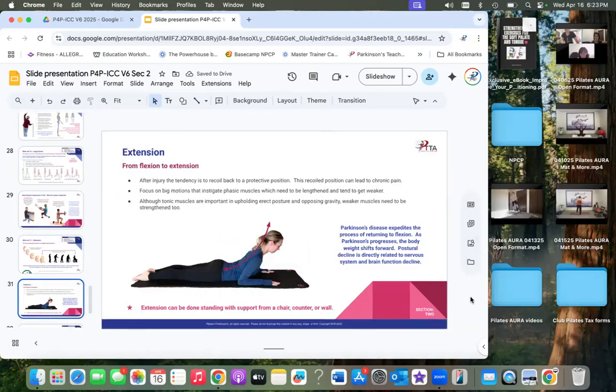So Parkinson's disease expedites the return to flexion. And as Parkinson's progresses, weight starts to shift forward, head drops, eyeballs drop. So remember the vestibular ocular system and the cervico-ocular system? If the head and the eyes are down, what is it telling the brain? Go down there.